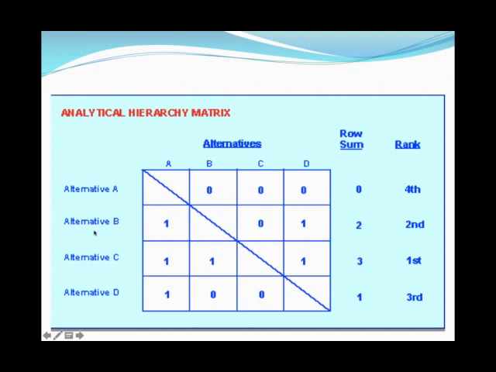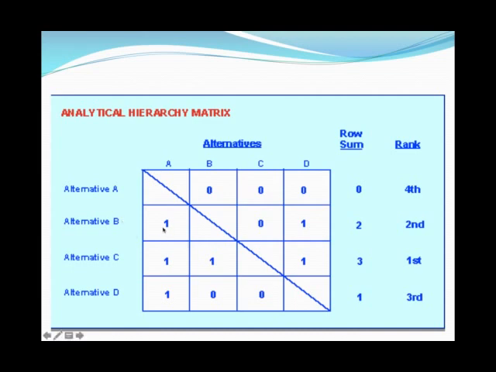Now next row. We're going to compare alternative B to all of these. When we compare alternative B to alternative A, we think alternative A is better, so it gets a 1. We'll skip this one.